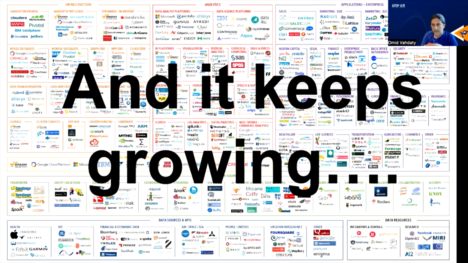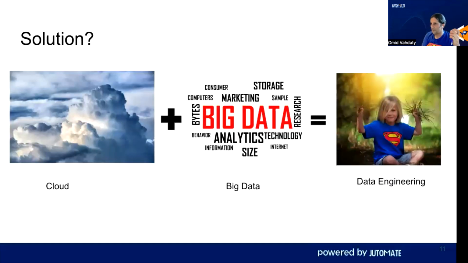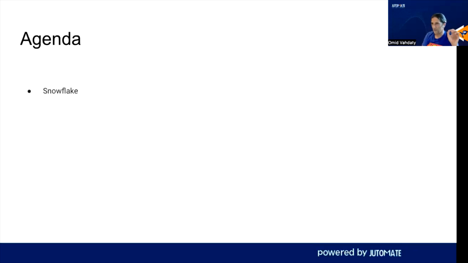The trend didn't stop there. It keeps growing. The number of technologies is staggering, and the amount of data we're keeping keeps growing exponentially. So my approach to this is cloud methodologies combined with big data methodologies, and that would be my definition for data engineering.